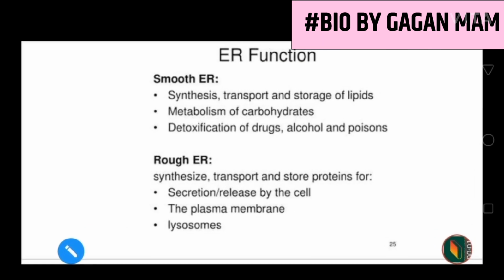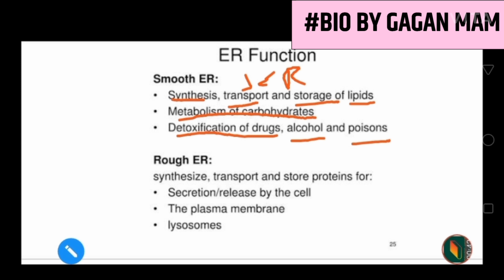Now we are going to discuss some of the functions of RER and SER. Firstly, SER. As I have told you, SER is involved in the synthesis, transport as well as storage of lipids. It is involved in the metabolism of carbohydrate, detoxification of drugs, alcohol and poisons.